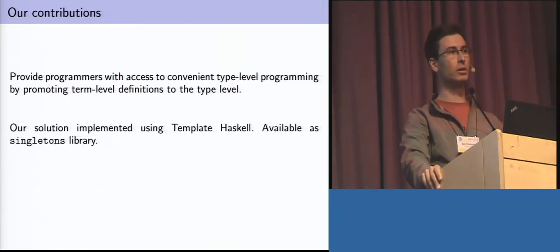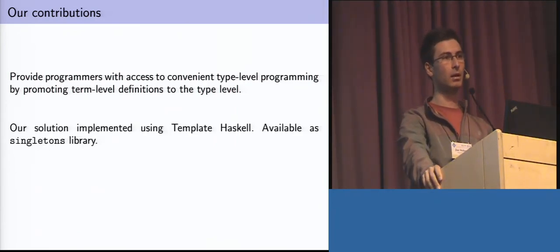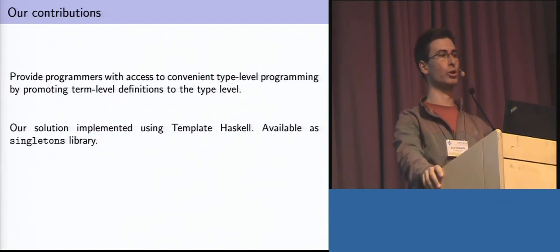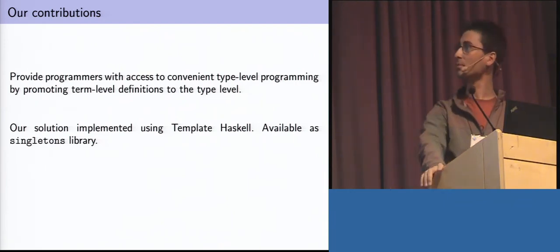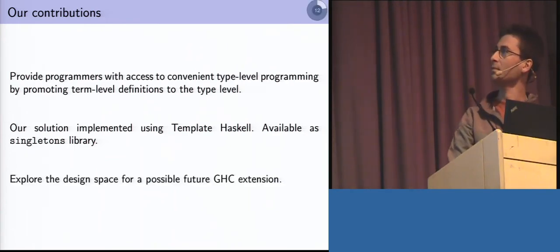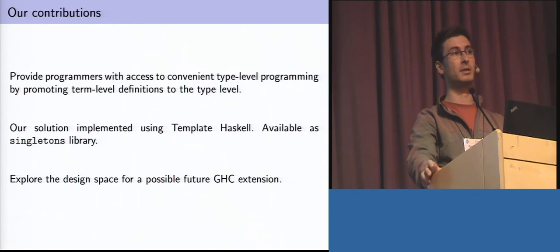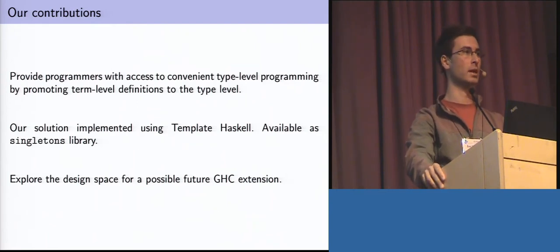Our solution is currently implemented in Template Haskell. It is part of the singletons library. You might be familiar with singletons because this was the subject of Richard's talk 2 years ago here at the Haskell Symposium. And we want our work to be an exploration of a design space for possible future GHC extensions.